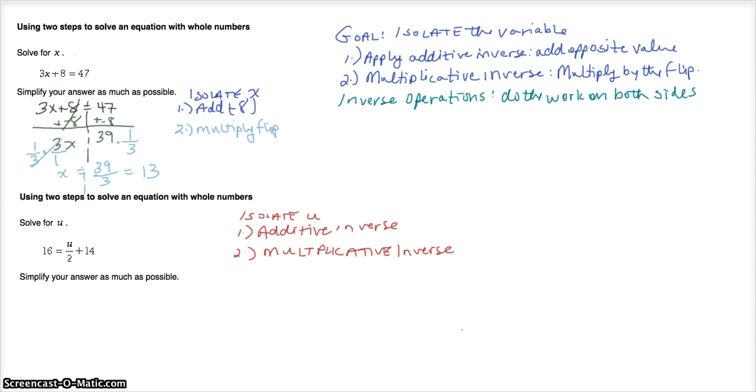All right, so let's start working. Let's rewrite our equation. And so we'll have 16 equals u over 2 plus 14.